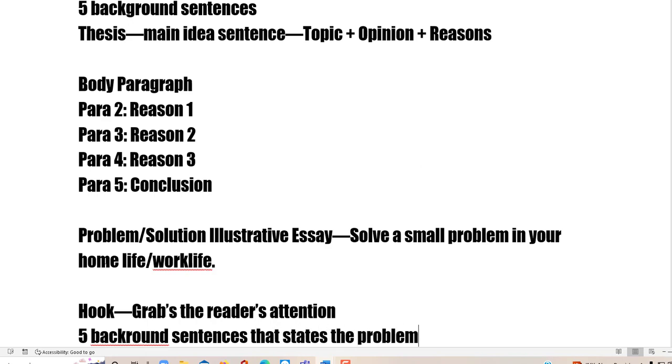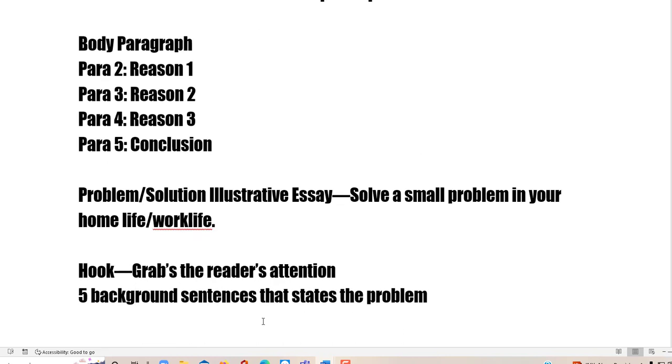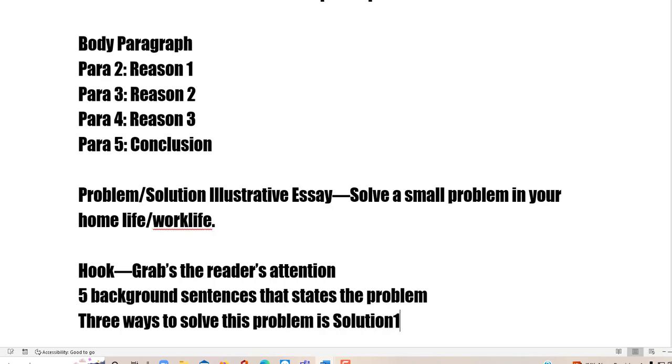In 5 sentences, you have to tell me what your problem is about. Then in the thesis statement, you're going to give me 3 solutions. You would say, 3 ways to solve this problem are solution 1, solution 2, and solution 3.